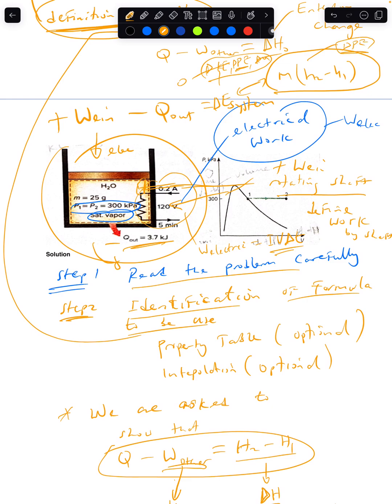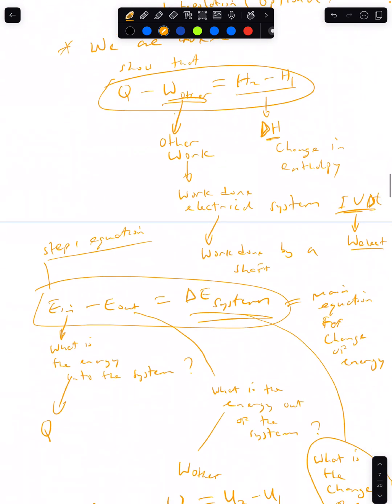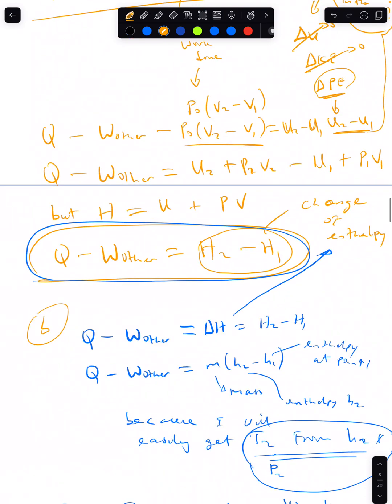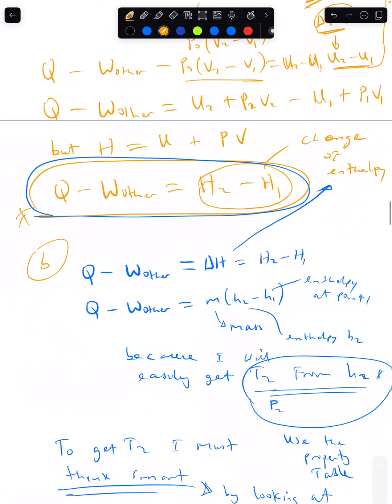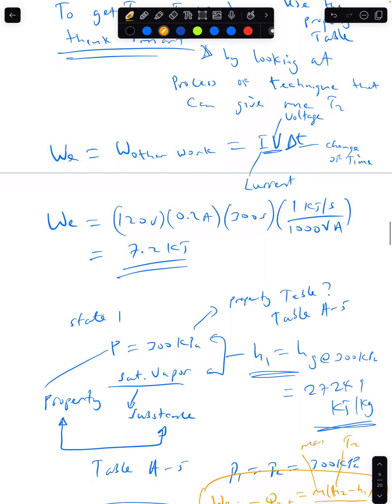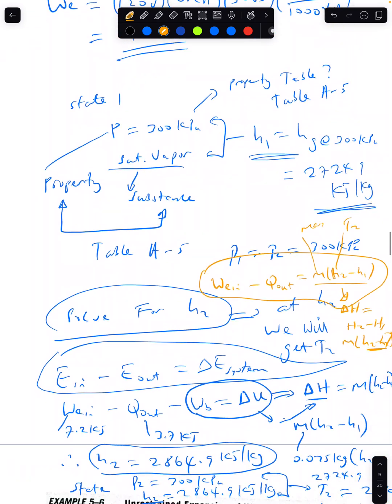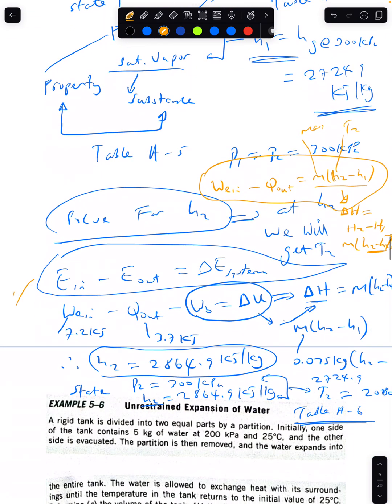So make no mistake, don't get confused. That's why you saw me using this main formula, and I use this formula to be translated into that form, and I solve for this H2.